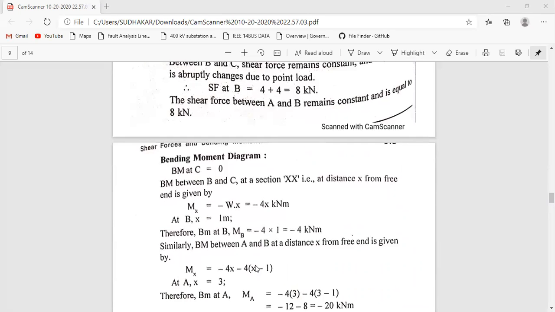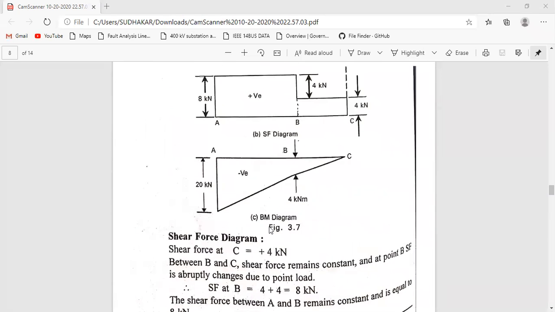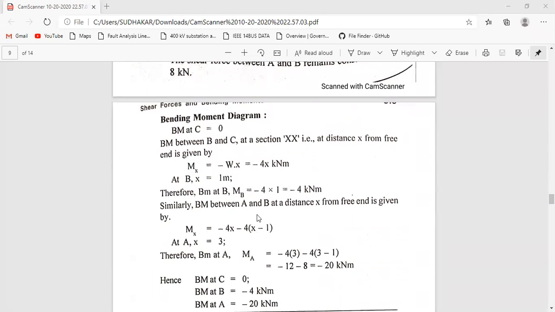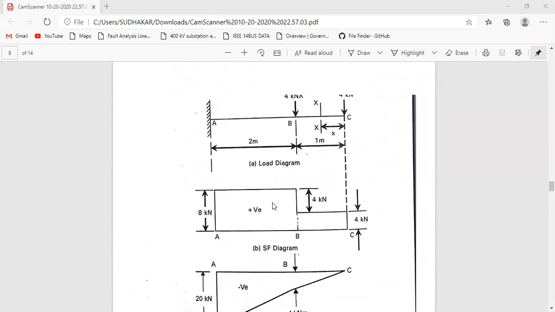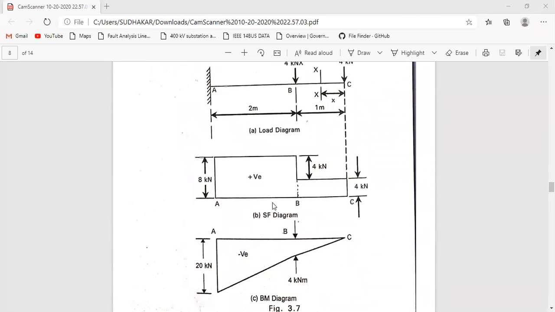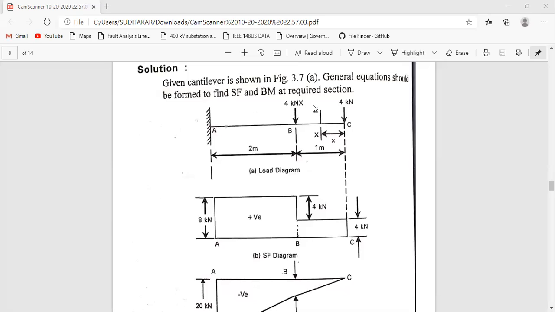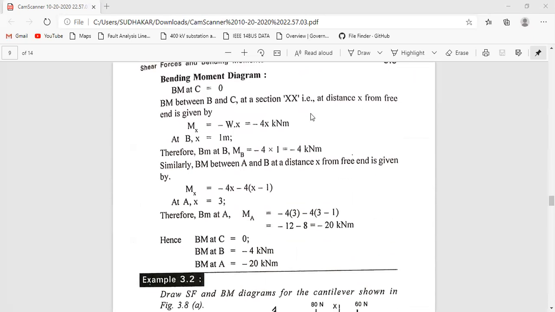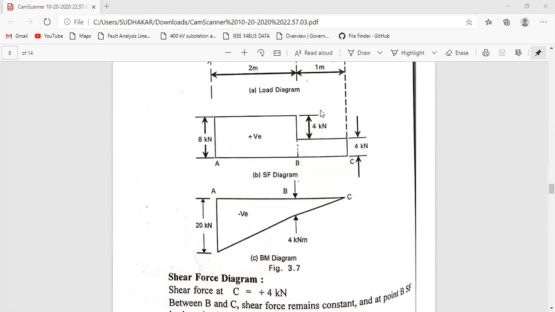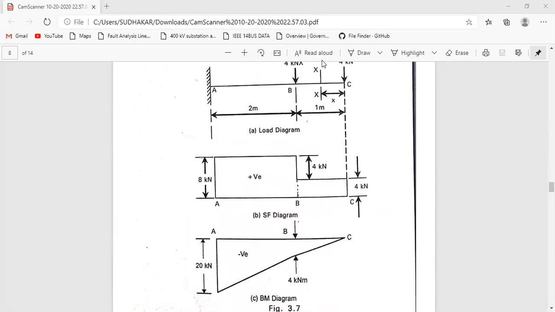Similarly, the bending moment at a distance x from the free end is given by minus 4x minus 4 times (x minus 1). I'm just considering a section here.